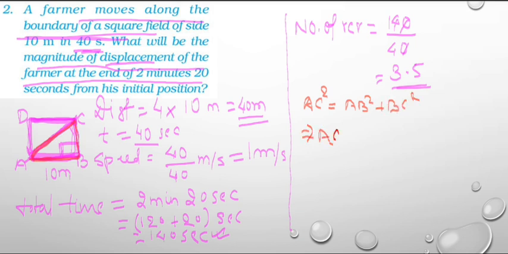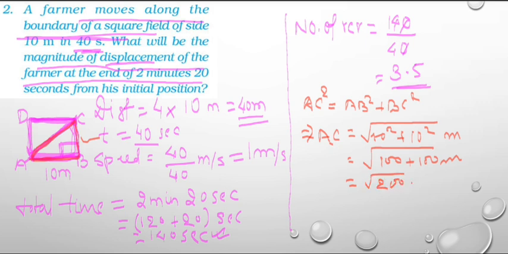Finally, we can write AC is equal to root under AB square, that is the side of the square, 10 meters, so 10 square plus again 10 square, as BC is also equal to 10, which is root under 100 plus 100, in meters of course. This is root under 200 meters, which can be written as 10 root 2 meters. So the displacement over here after 2 minutes 20 seconds is equal to 10 root 2 meters.